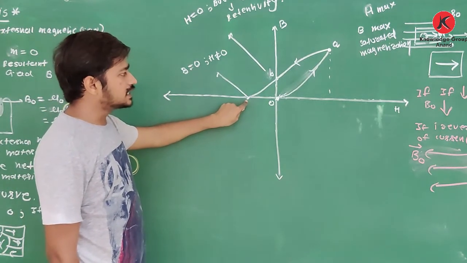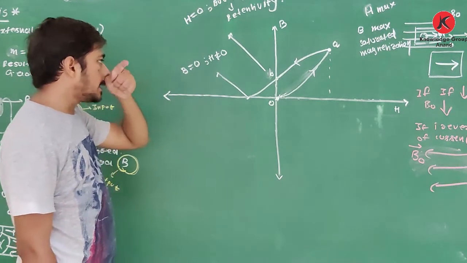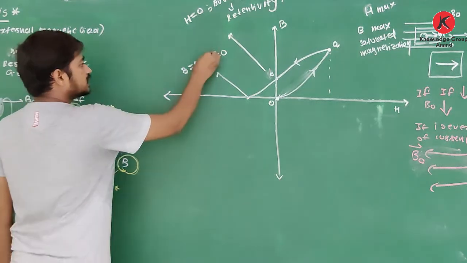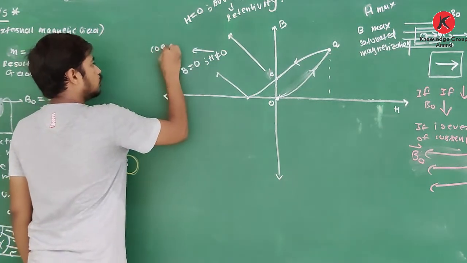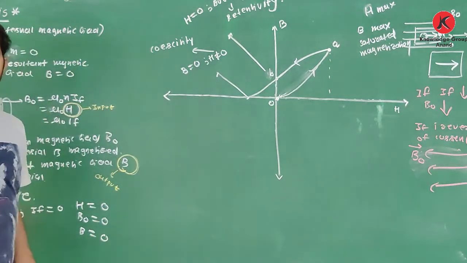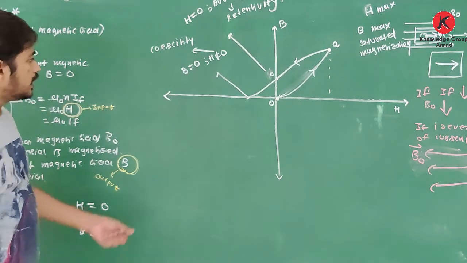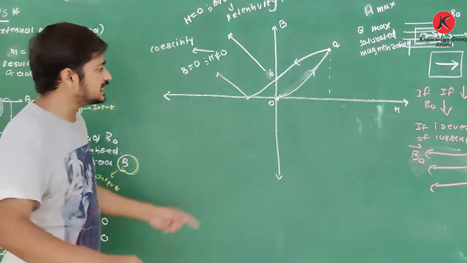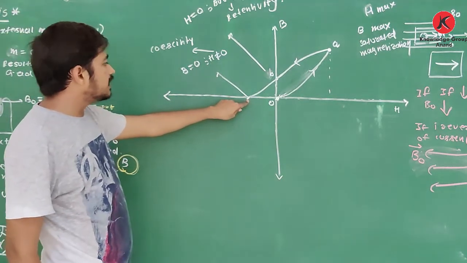Magnetic field becomes 0 for some value of H, and this value of H is called coercivity. The value of H for which B is equal to 0 is called coercivity. Clear about this? And in this case, again, magnetic field is 0.